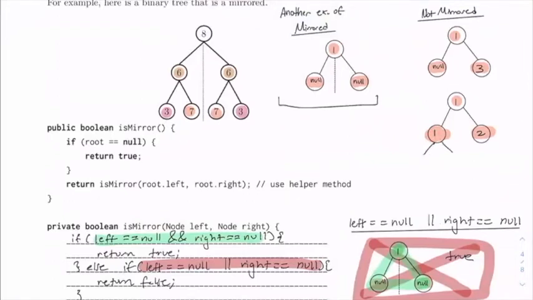So in this example here, up here, we might have a node here and another node here.